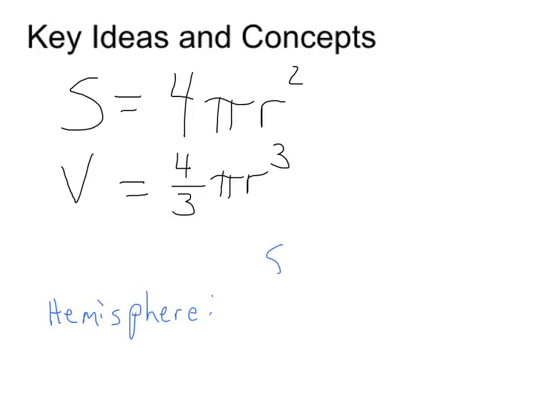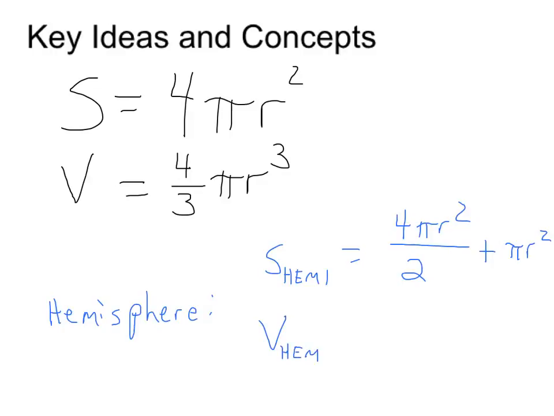So the surface area of a hemisphere, S hemi, is equal to 4 pi r squared over 2 plus the base, which is pi r squared. And the volume of a hemisphere is equal to 4/3 pi r to the third, all divided by 2.